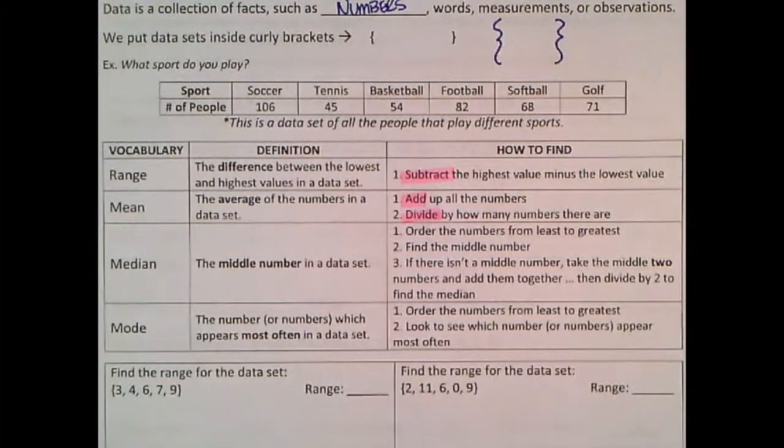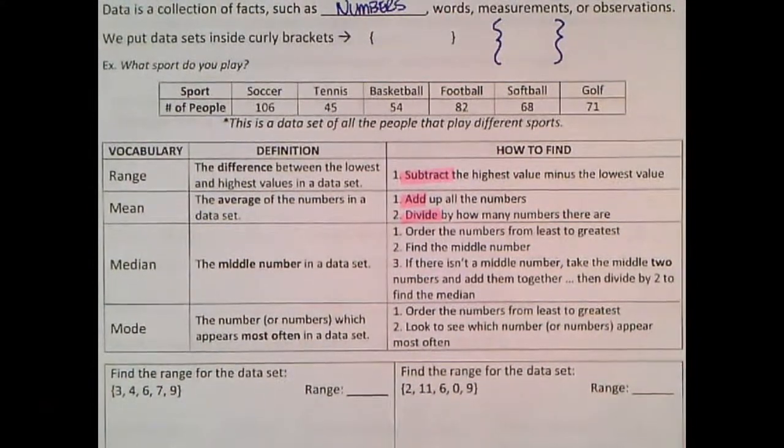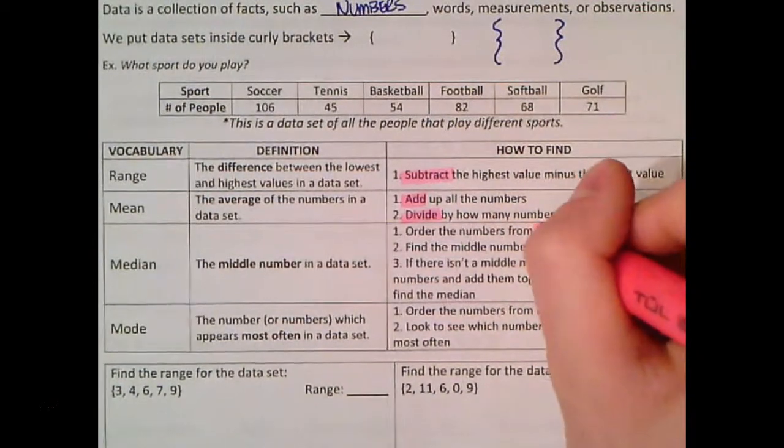It can be used other ways, but that's a nice, easy way to explain it to you in terms of the mean. Now, sometimes that's not the best method, so we use the median, which is to find the middle number in the data set. And it's all about kind of what I said was measure of center. Center is kind of like the middle of something. So you're trying to figure out the middle of your data set. So to do that, we're going to order our numbers from least to greatest.